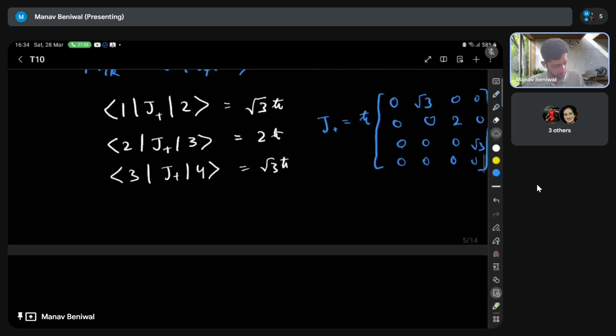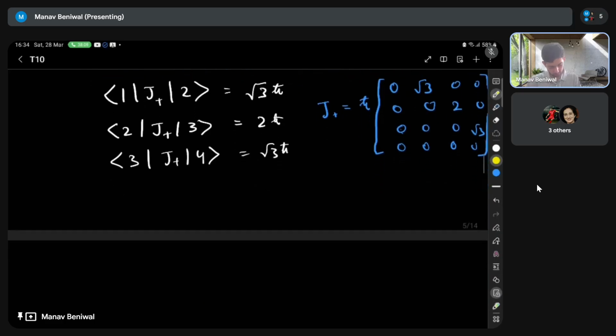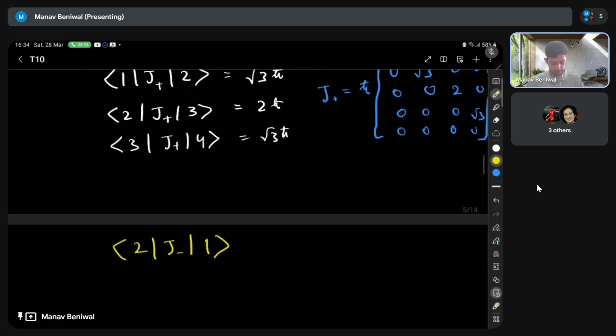Similarly, what do you expect for j minus? We expect the opposite, right? For j minus, because it is a lowering operator, it will do the opposite kind of thing. So the non-zero elements that we will get in that case, we should have 2 here and then j minus, and we should have 1 here, because the lowering operator will lower state 1 to state 2, right? And so on for the other two also.